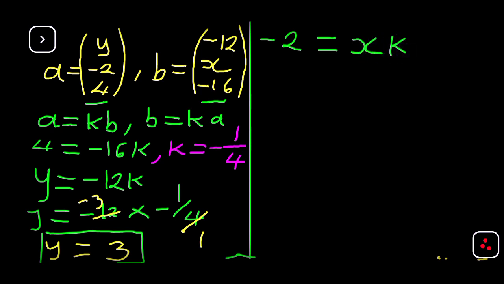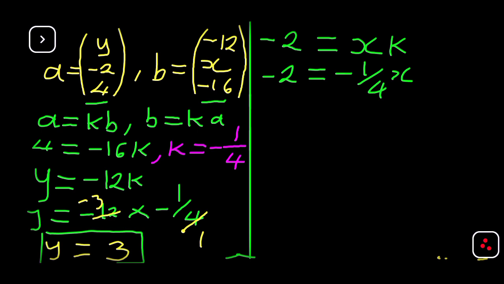Remember, we don't know the value of x, but we know the value of k, which is negative 1 over 4. So we have negative 2 equal to negative 1 over 4 x.